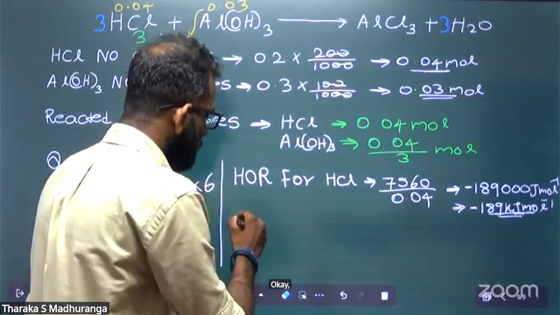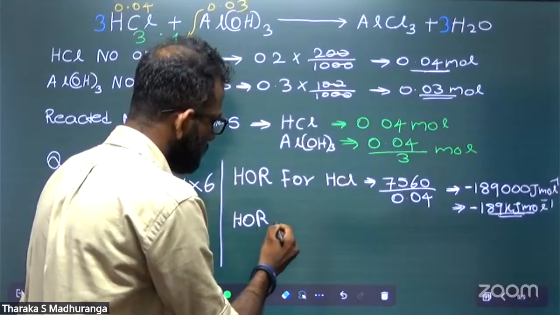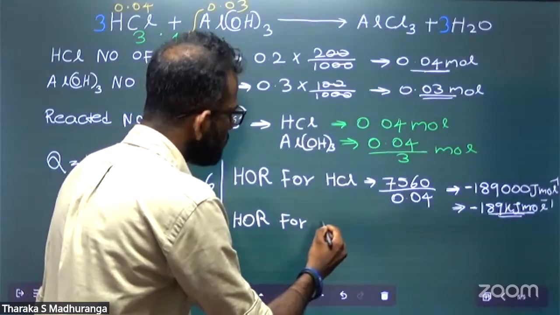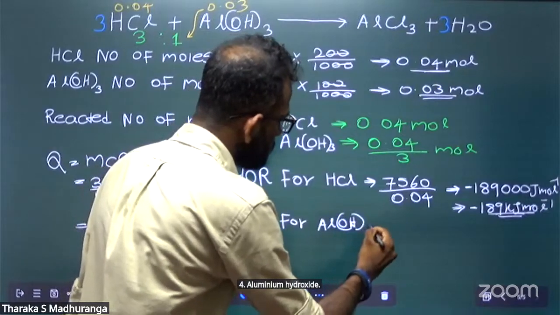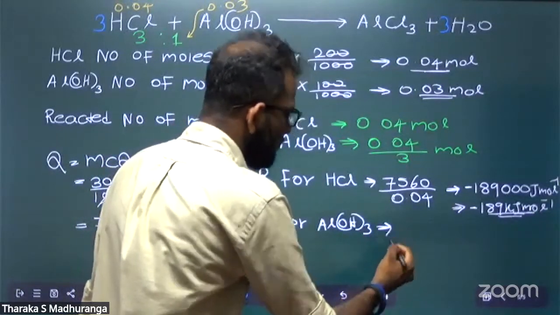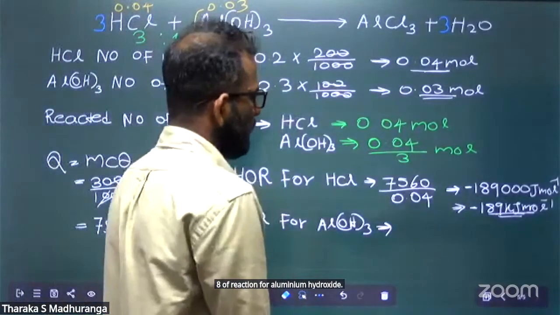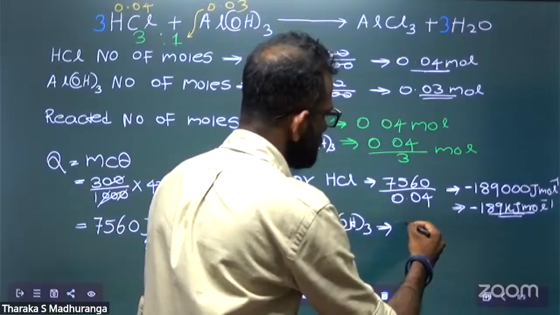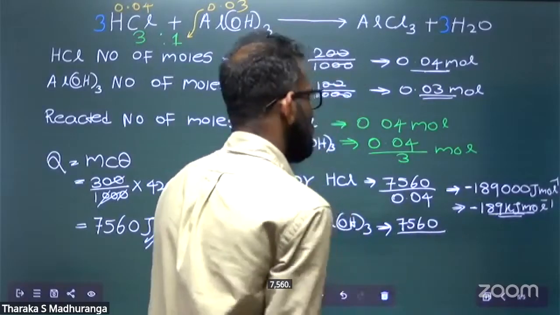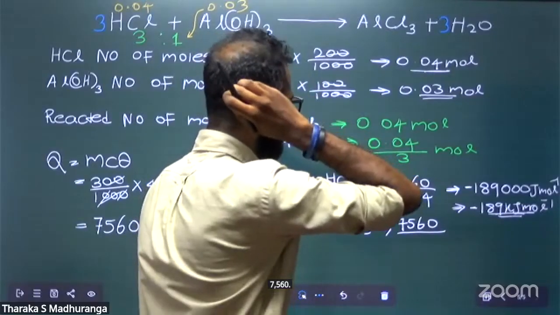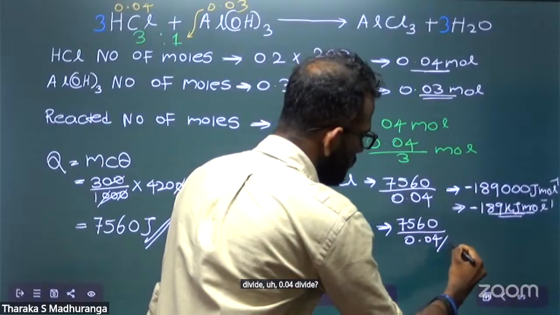Okay, heat of reaction for aluminium hydroxide. 7560 divided by 0.04 divided by 3.